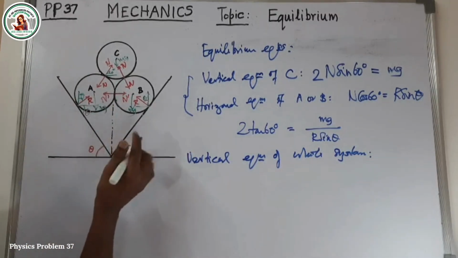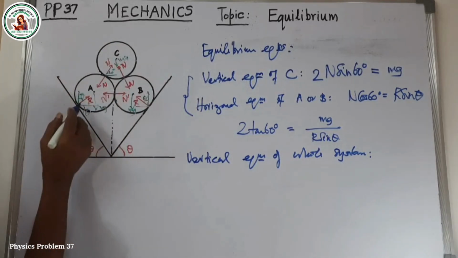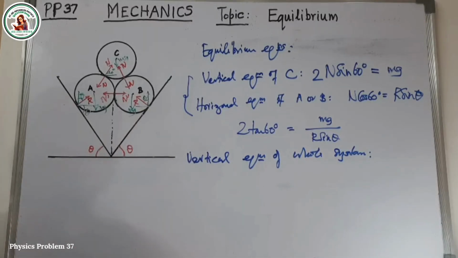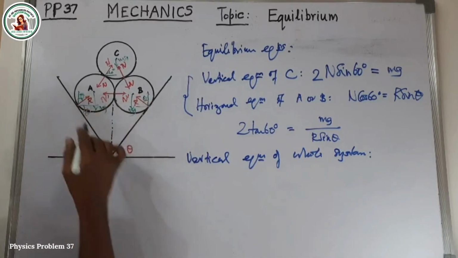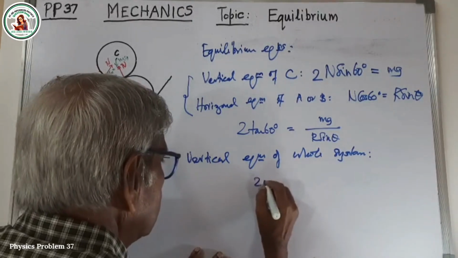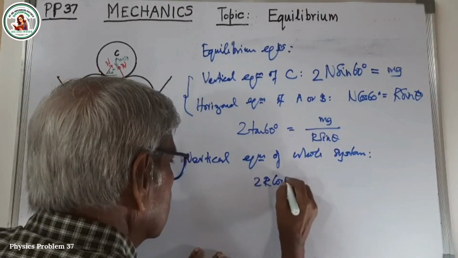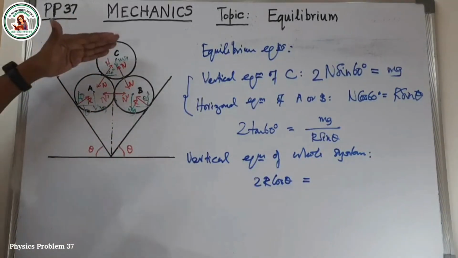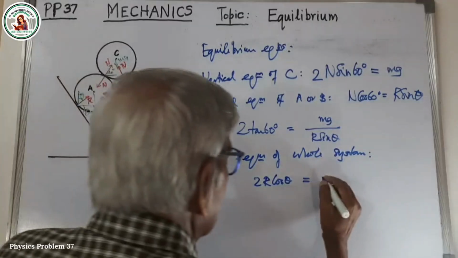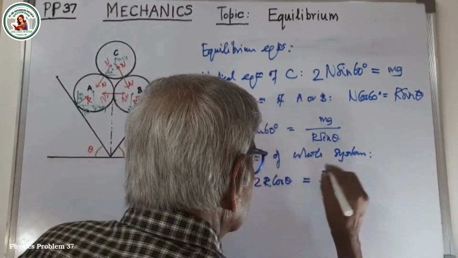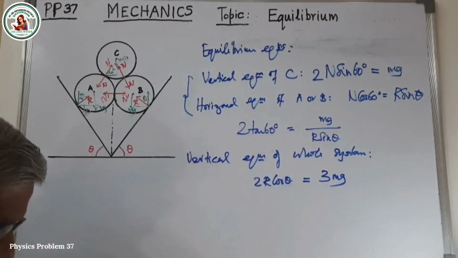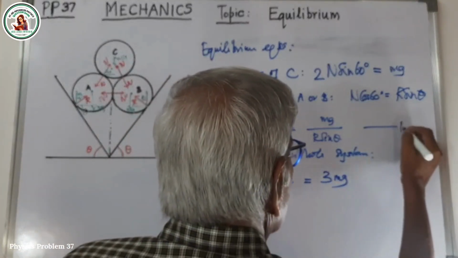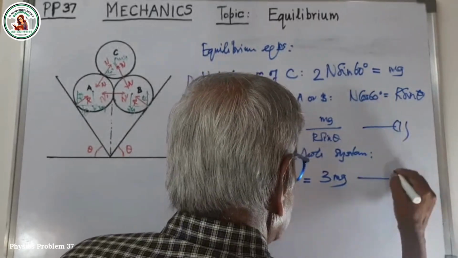This R is an upward external force, that is R cos theta, so 2R cos theta is equal to the downward vertical force, 3 mg. Three weights are involved, 3 mg. So 2R cos theta is equal to 3 mg. We take the first as equation 1 and this as equation 2.